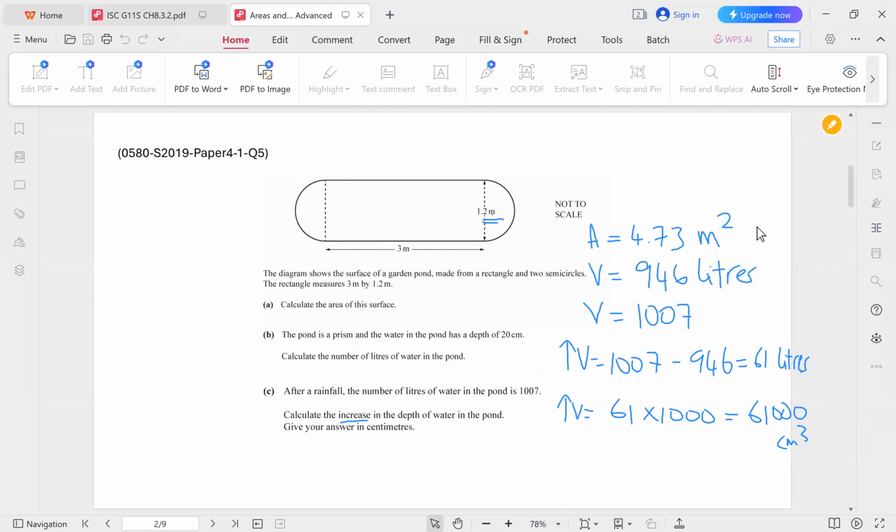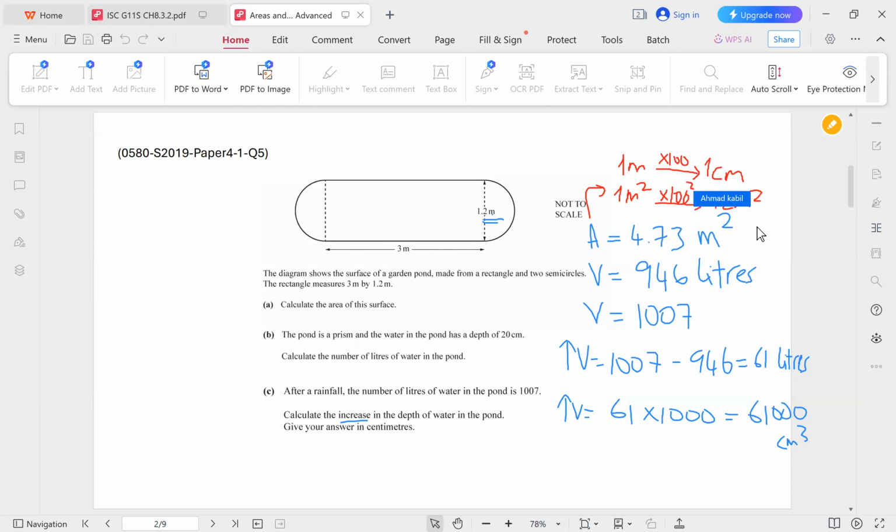In order to get the height in centimeters, we need the area to be in centimeters as well. So we need the area here to multiply. From 1 meter to go to 1 centimeter, you multiply by 100. From 1 meter squared to go to 1 centimeter squared, you multiply by 100 squared.